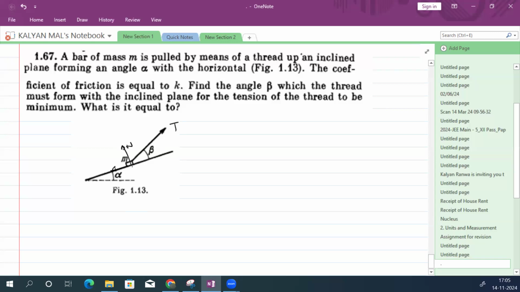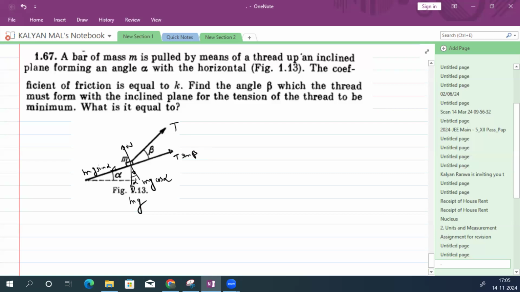Here this is the normal direction N, and the downward force is mg. This angle is alpha, so this angle will also be alpha. The components will be mg cos alpha and mg sin alpha. The component of the tension will be T cos beta up along the plane, and in the normal direction it is T sin beta.